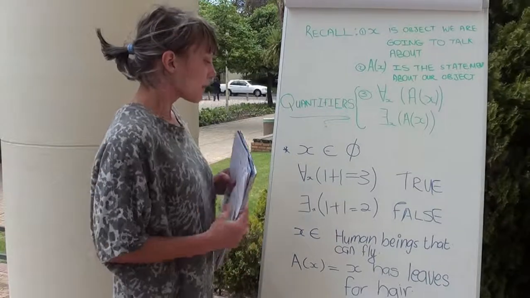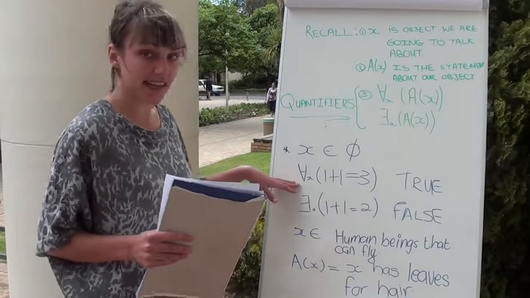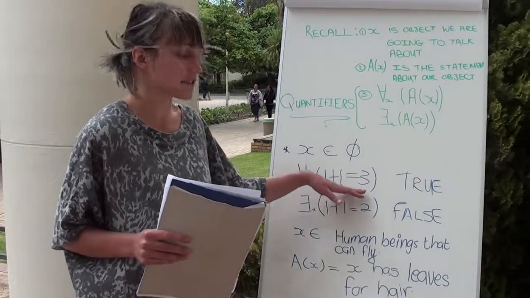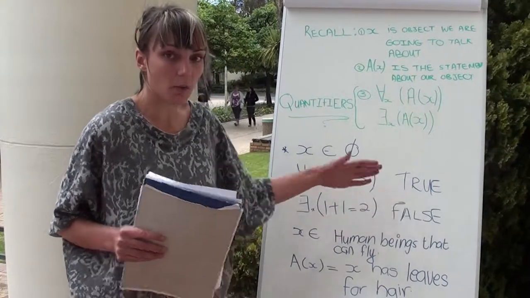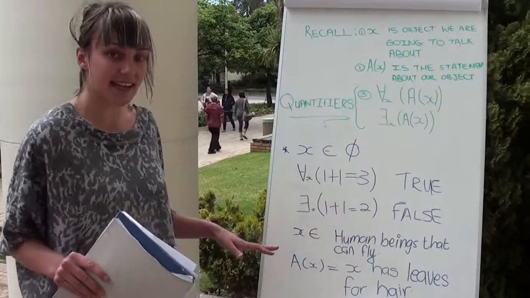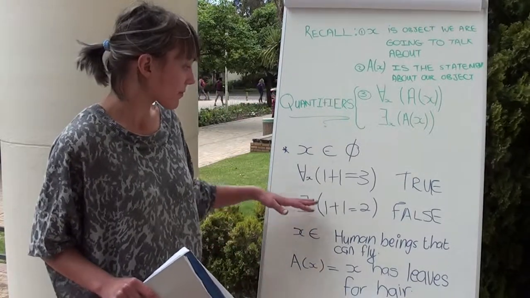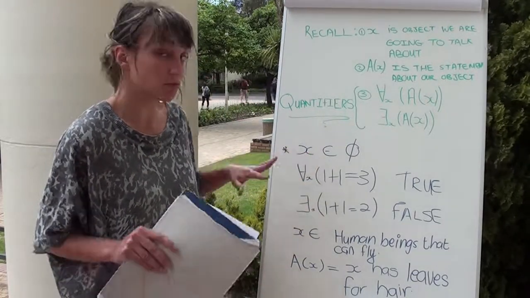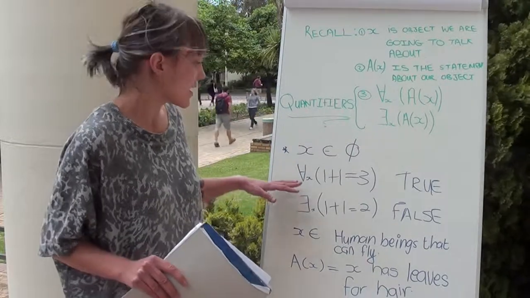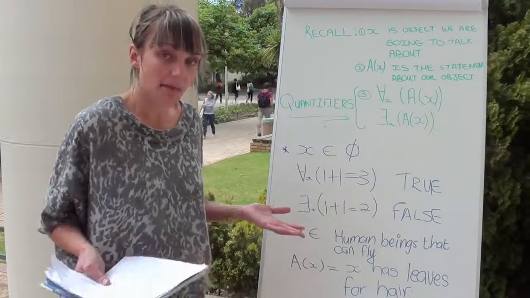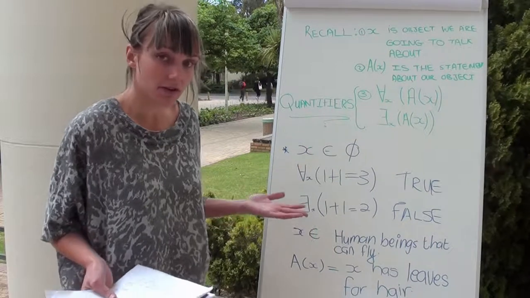When I say for all X in the empty set, 1 plus 1 is equal to 3, this is true. Why? Because when I say for all X that you can find in the empty set, 1 plus 1 is equal to 3, am I talking the truth? Am I lying? I'm talking the truth.